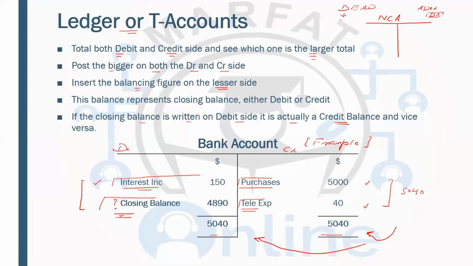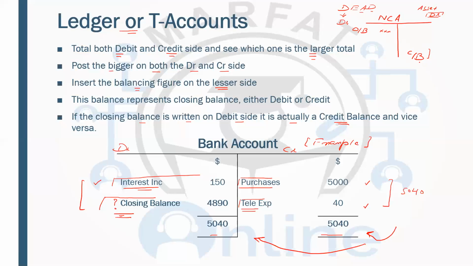D stands for drawings, E stands for expense, A stands for asset, and D stands for debit. So when we talk about assets, the opening balances are normally going to be on the debit side. Let's say this is the opening balance. Obviously when the opening balance is on the debit side, the closing balance is going to be on the credit side. Now this closing balance is coming on the credit side, but actually it's the debit balance. This is a very good technique you need to know.